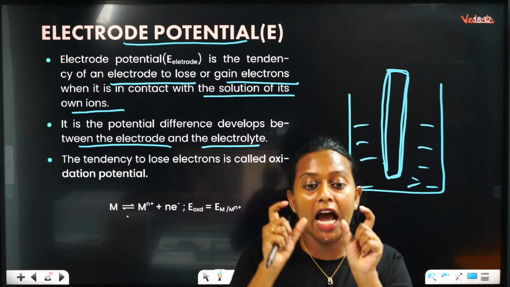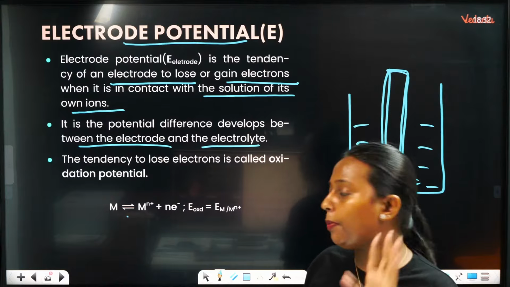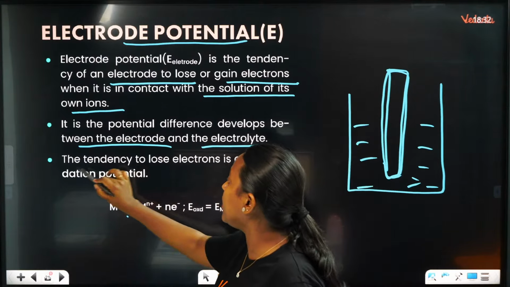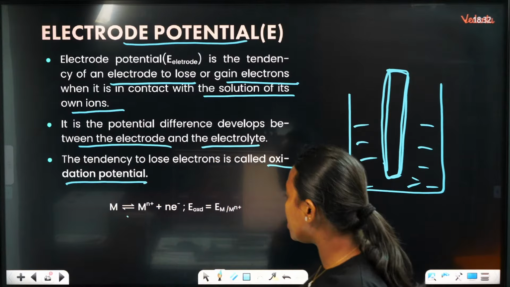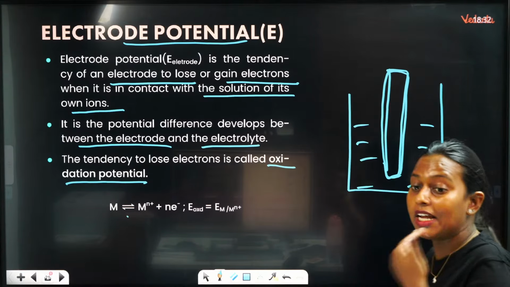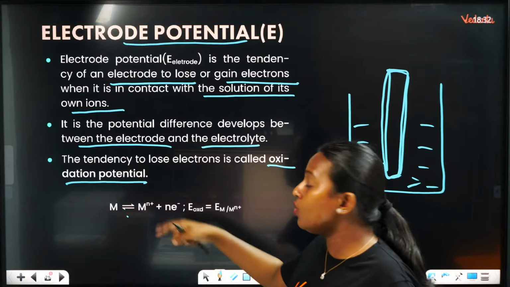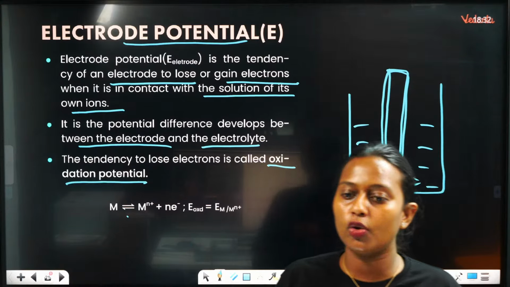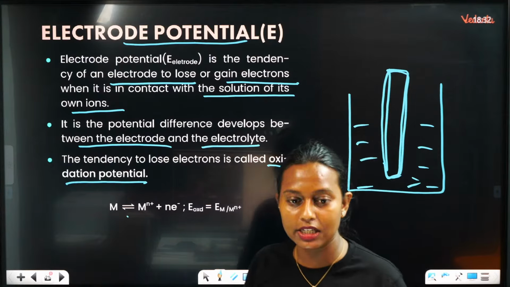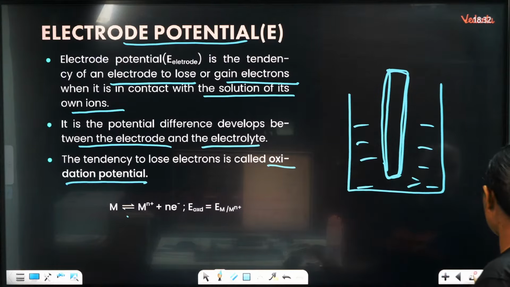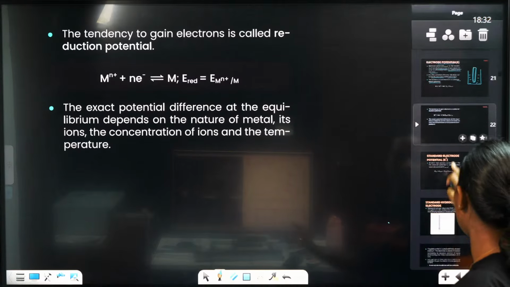The tendency to lose electrons is called oxidation potential, and the other is reduction potential, the tendency to accept electrons. Clear? That is oxidation potential and reduction potential.